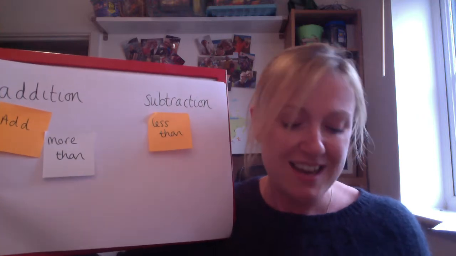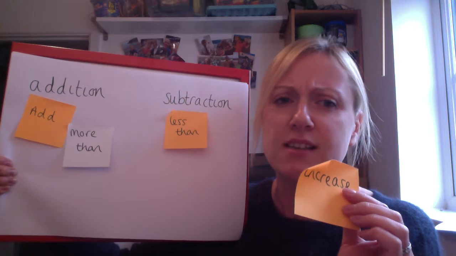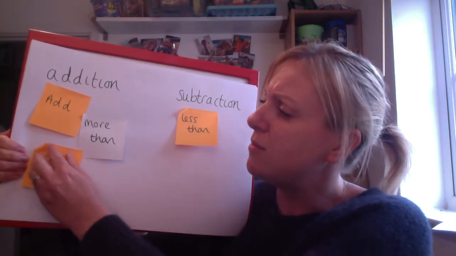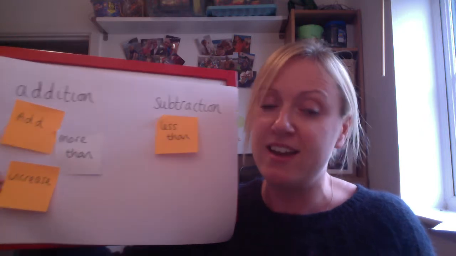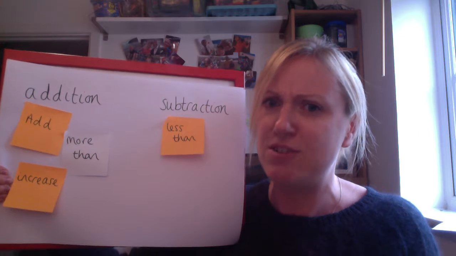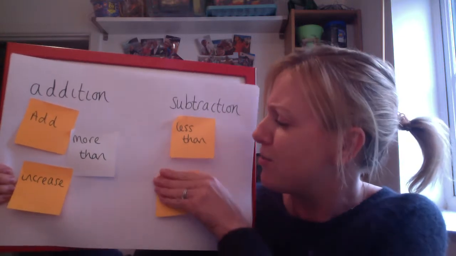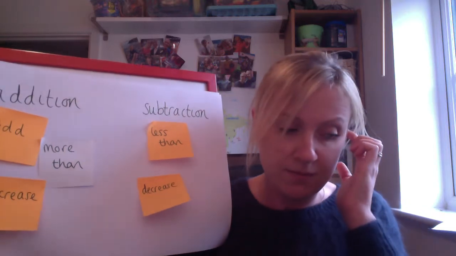Then I've got the word increase. If I'm increasing something, it's going to get bigger, so I'm going to be adding. The direct opposite of that, I now have the word decrease. Hopefully everyone is now shouting at their screens that the number is going to get smaller if we are decreasing.